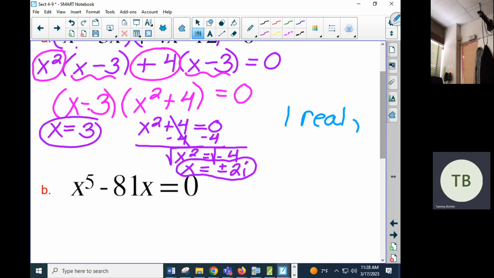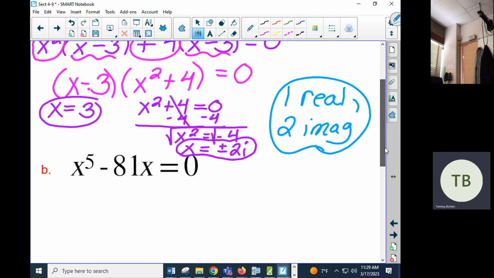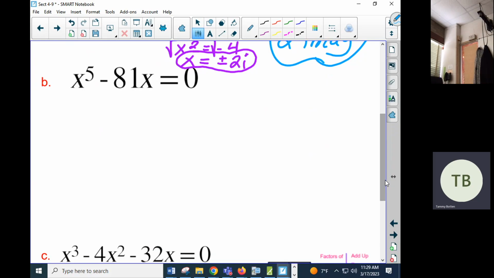It means that it equals positive 2i and negative 2i. So this is two imaginary numbers. You don't really have to write root. If you just said one real and two imaginary, that's fine. Do you guys get why I said two? That easy? Okay.